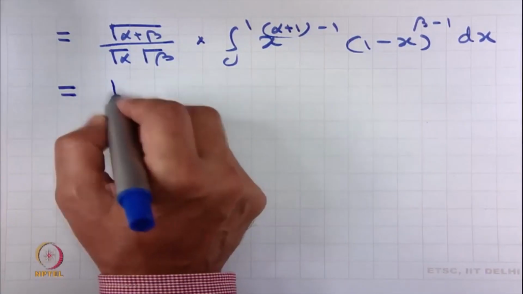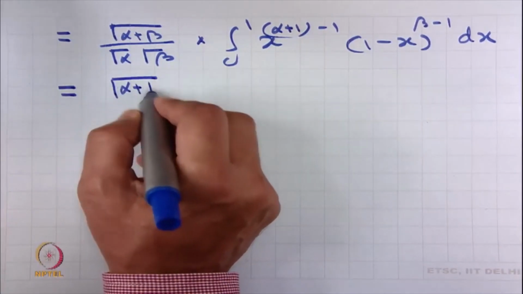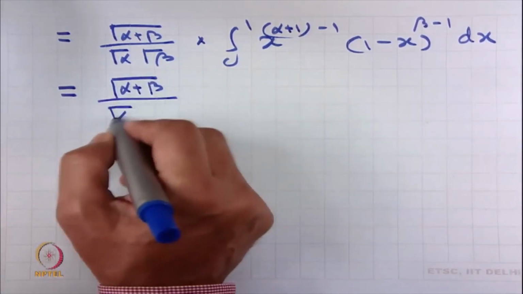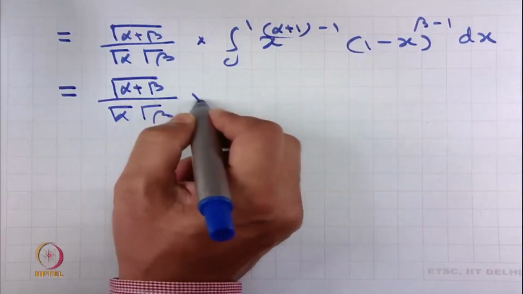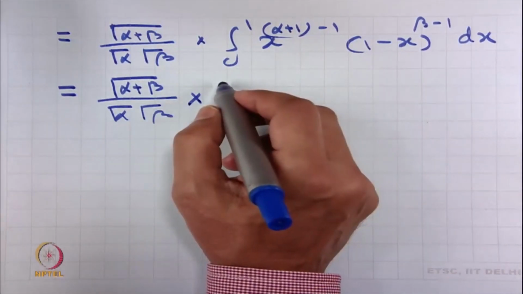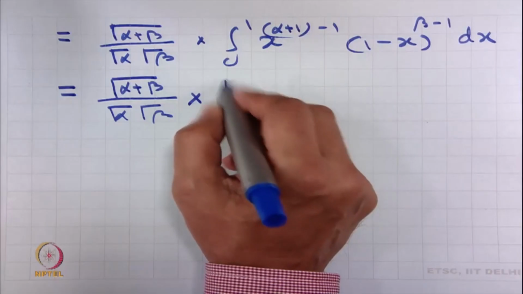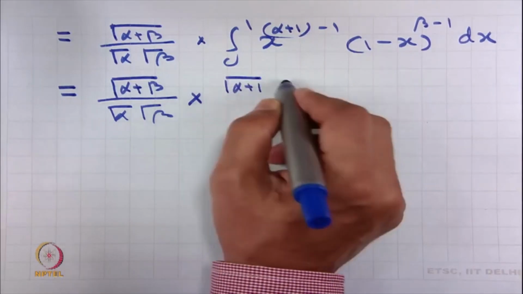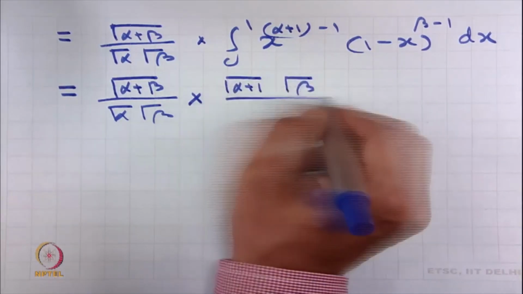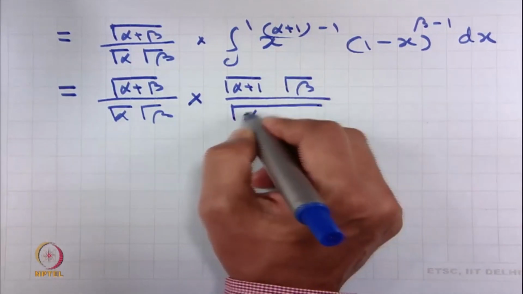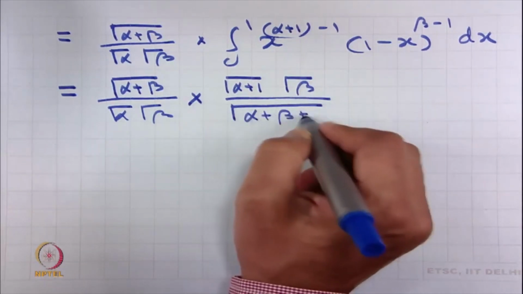Therefore, this is equal to gamma alpha plus beta upon gamma alpha gamma beta multiplied by gamma alpha plus 1 gamma beta upon gamma alpha plus beta plus 1.